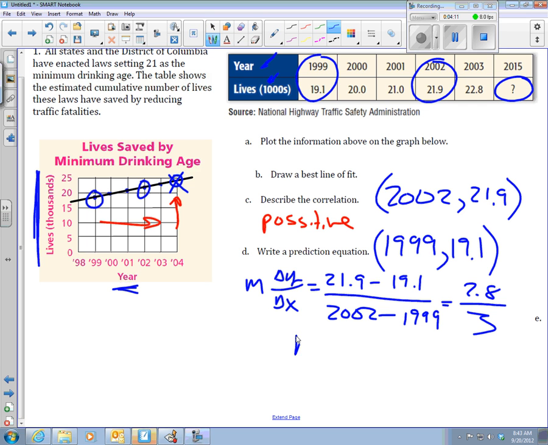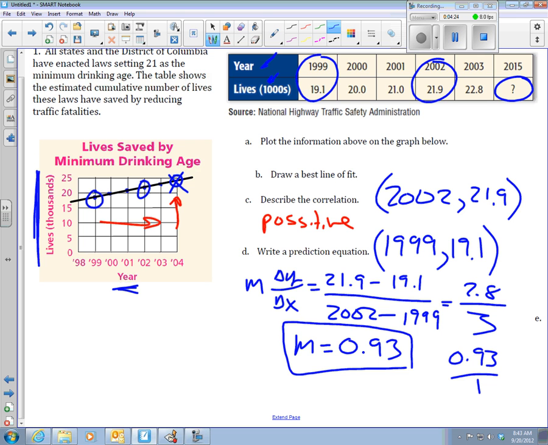That is going to give me a slope of, rounding it, I'm going to write it as a decimal, 0.93. And what does the slope represent? Well, it's 0.93 over 1. You save about 0.93 times 1,000 lives for every 1 year, because it's lives saved in thousands compared to the number of years. So that's what we're working with there.